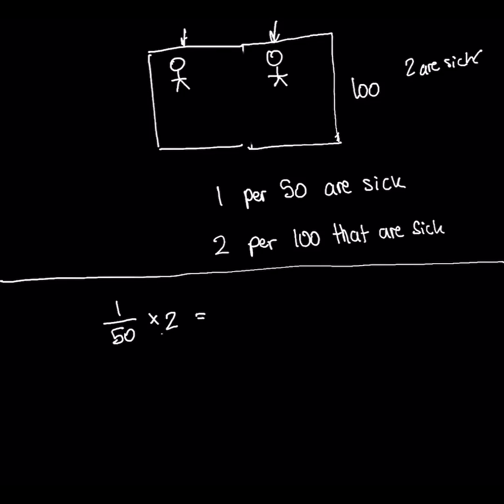What you do is multiply the top and bottom by 2. So 1 multiplied by 2 is 2. 50 multiplied by 2 is 100. And that gives us a nice clean way to show that 2 people per 100 are sick.